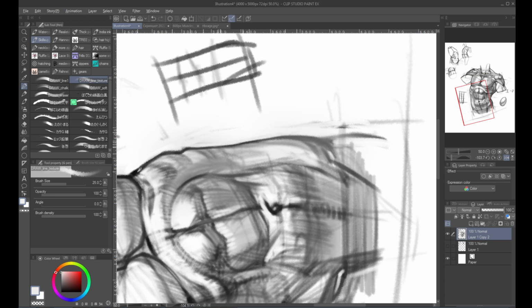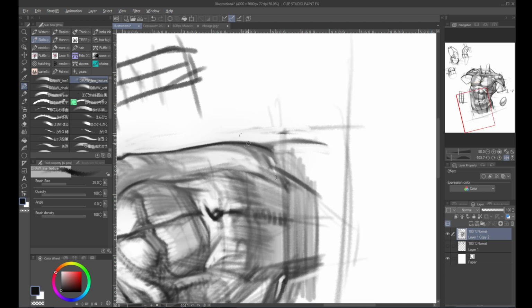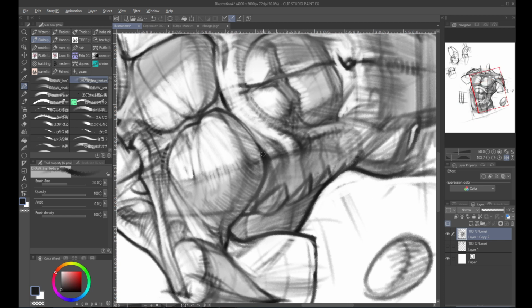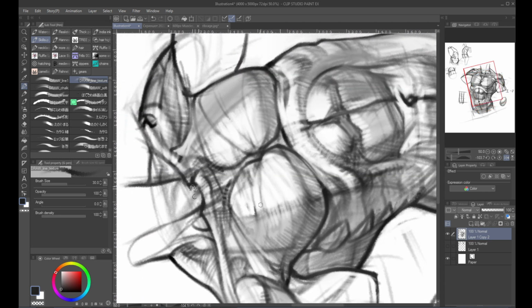It's also good to have thinner lines on the far side of the drawing and thicker lines on the near side of the drawing. Usually works well.